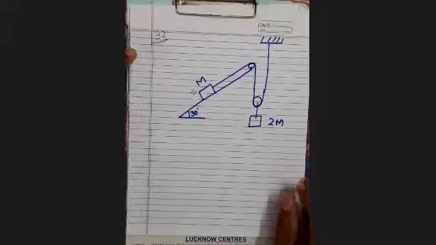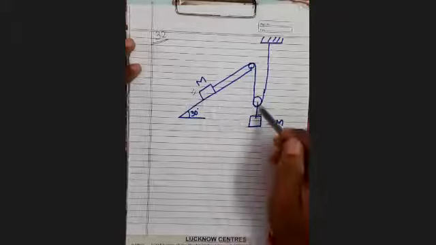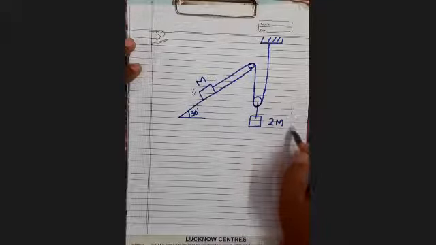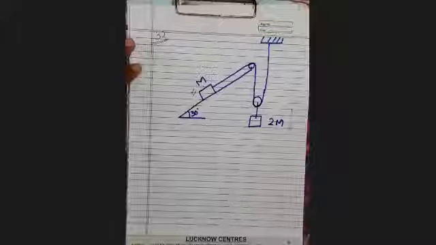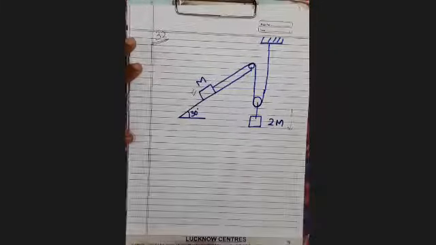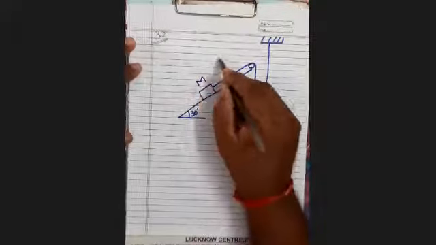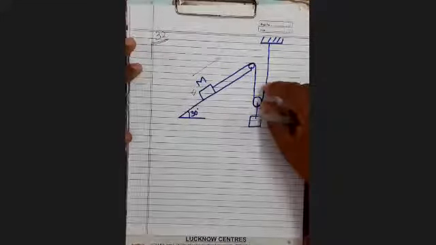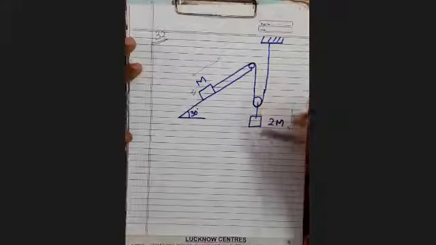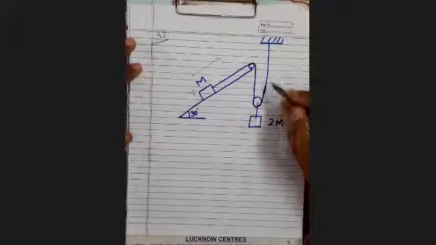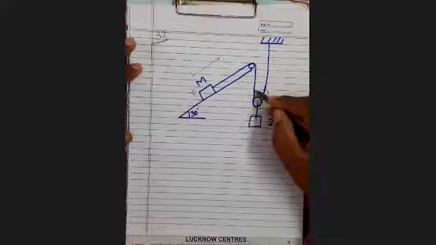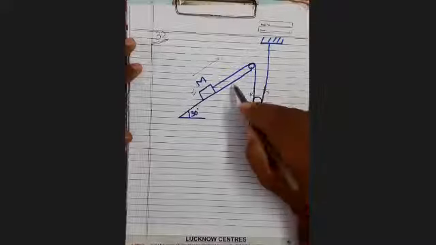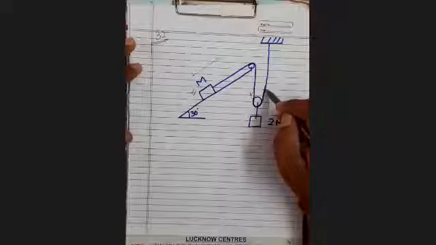Here you can see that if 2m is moving x distance in the downward direction, then what will happen? It will move by what distance? 2x distance. And why? Because the string will get elongated by x distance on this side and also by x on the other side, so the total increase in length will be 2x.